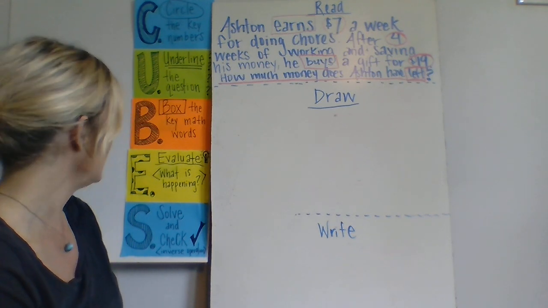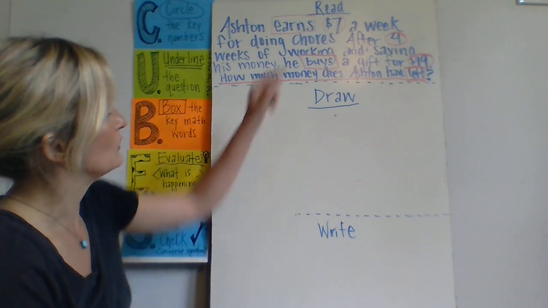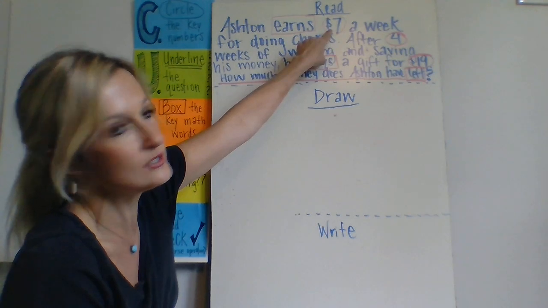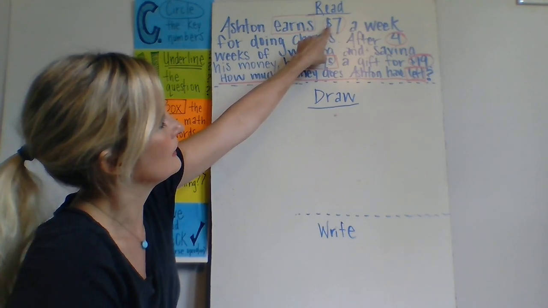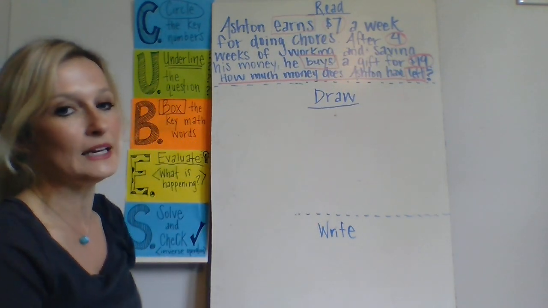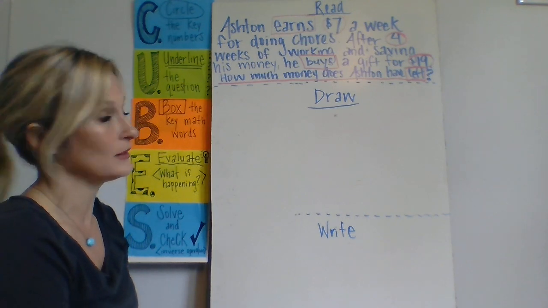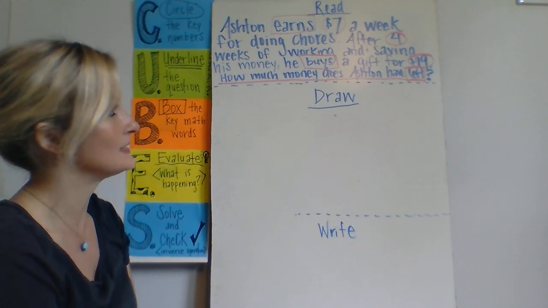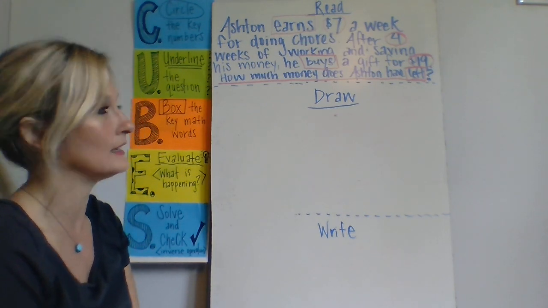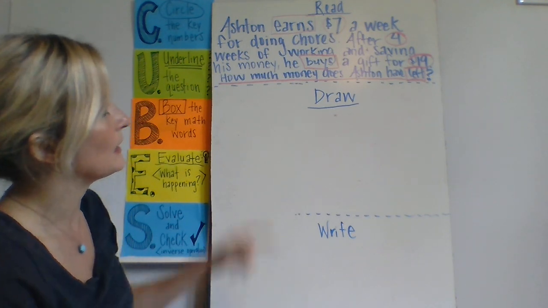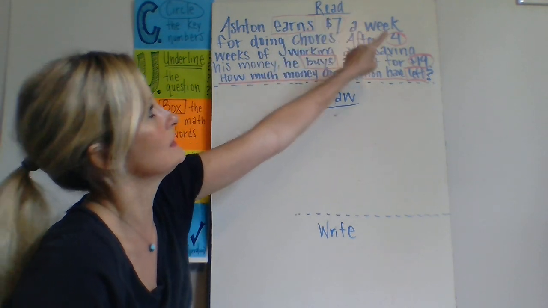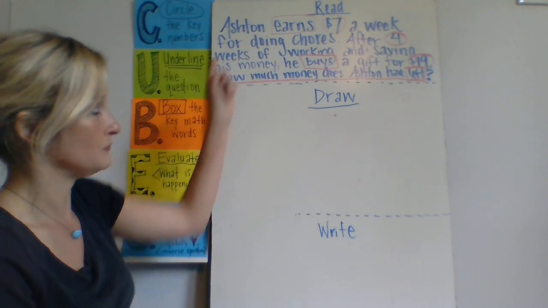So we are going to have $7 a week for 4 weeks. I think I'm going to multiply instead of add. You could add to get the same answer, but I think I might multiply 7 times 4 weeks.